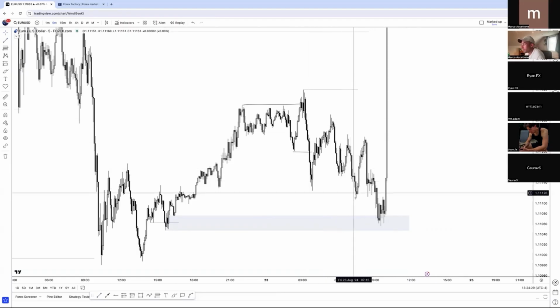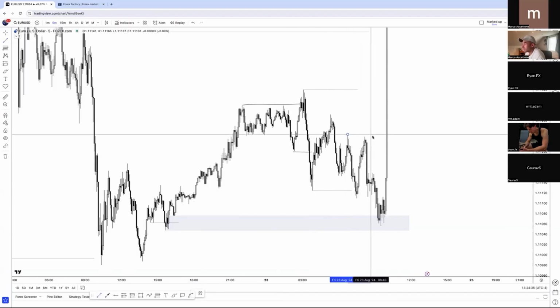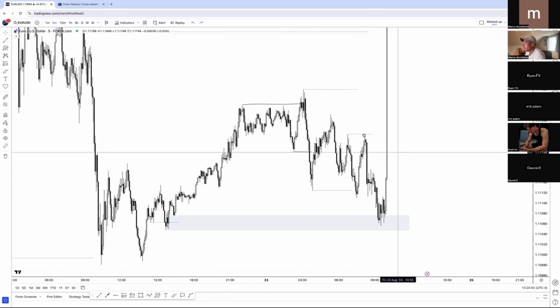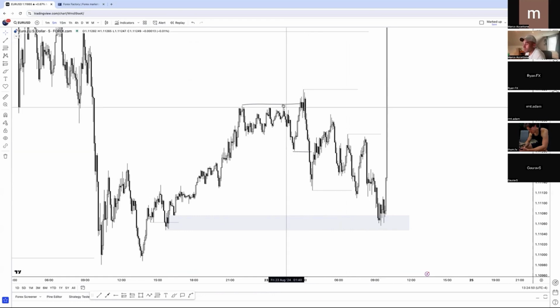Then we get another sell off, taking out this low. Price returns to these highs, respects it, moves away. Now we got liquidity here as well. So now we're building that reasoning to push higher. Left highs here, left highs up here. So we're starting to hint at us that we're leaving that liquidity to the upside.